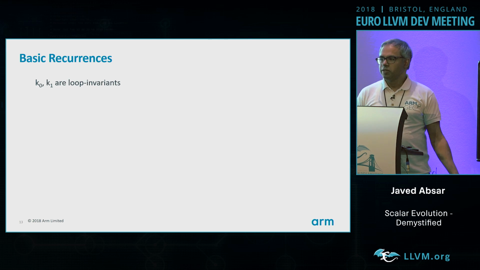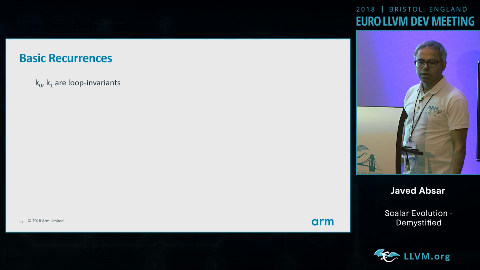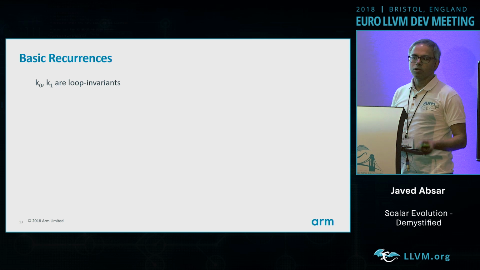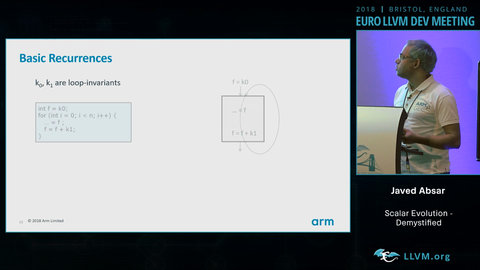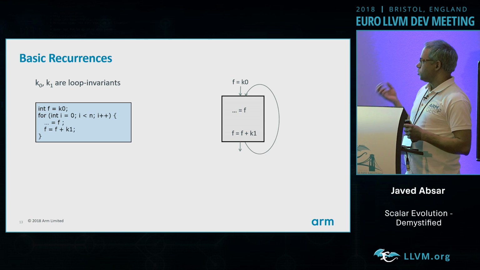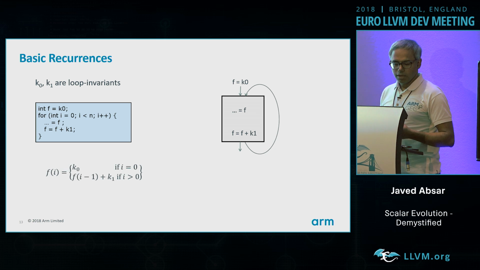We'll start with something very basic called basic recurrence. Suppose you have k0 and k1, these are loop invariants. So these are maybe constants or symbols, but they don't change inside the loop. And you have a scalar f. So f starts with k0, and every time in the loop is incremented by k1.